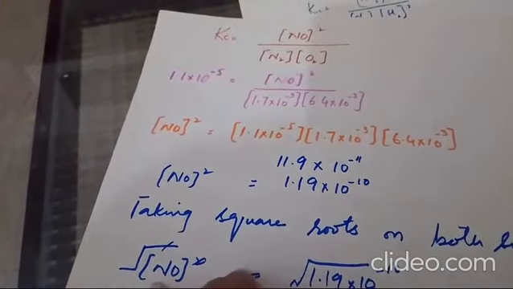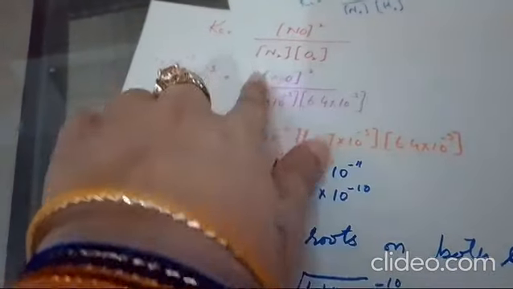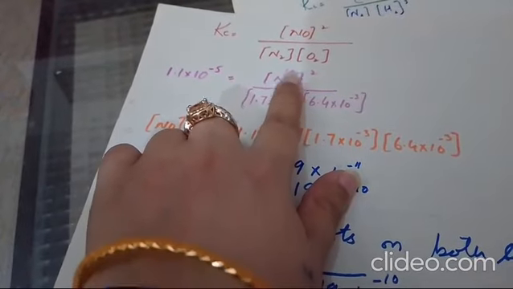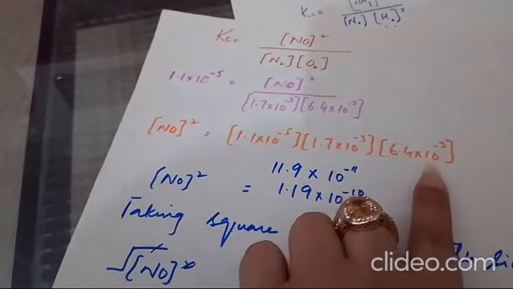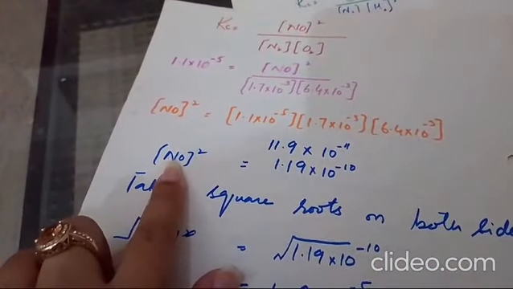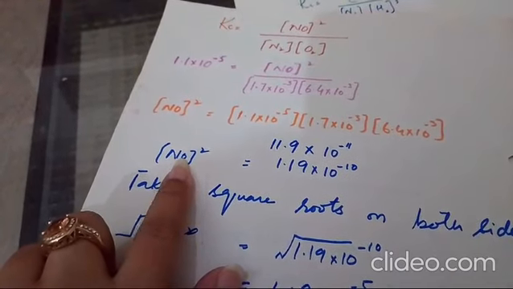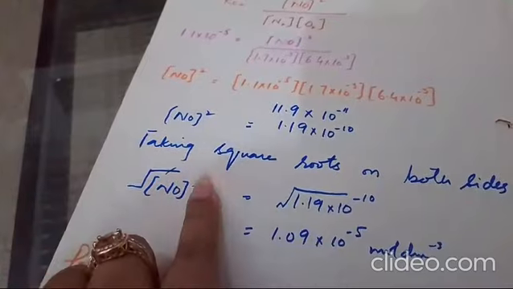The difference in this question is we don't have the molar concentration of NO, and all we have to do is take this value to this side and then multiply all these values on one side. One important thing is we have to take the square root as well, as we want to find the value of NO, not NO squared. That is why we take the square root on both sides.